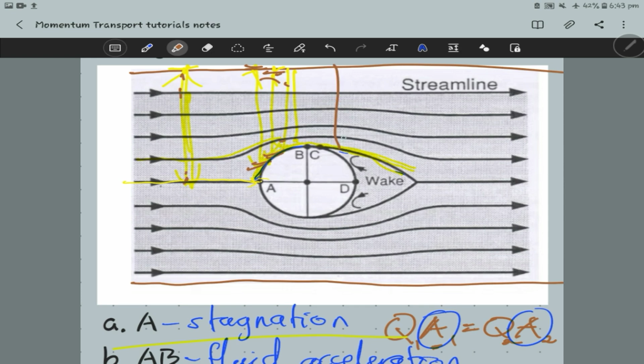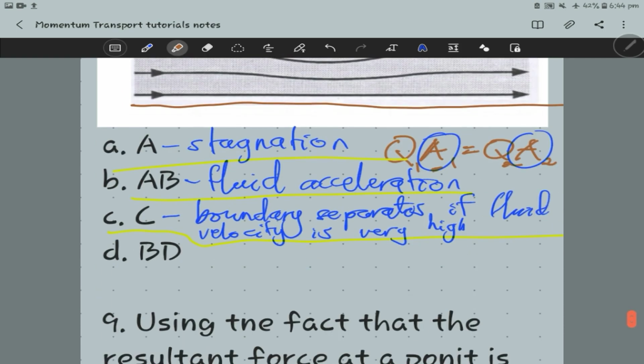But when it comes here, from B to D, the cross-sectional area is increasing. If it's increasing, then it will be decelerating. Why? Because the cross-sectional area is increasing. So what happens here is that the fluid decelerates.